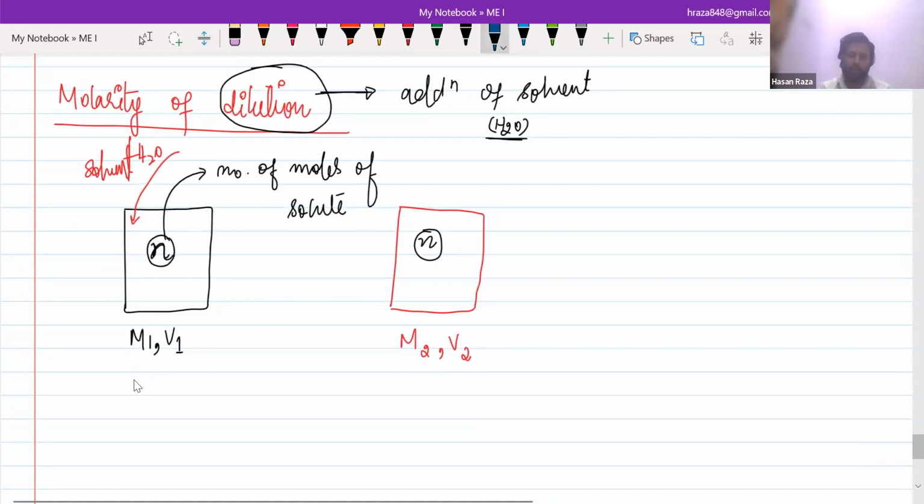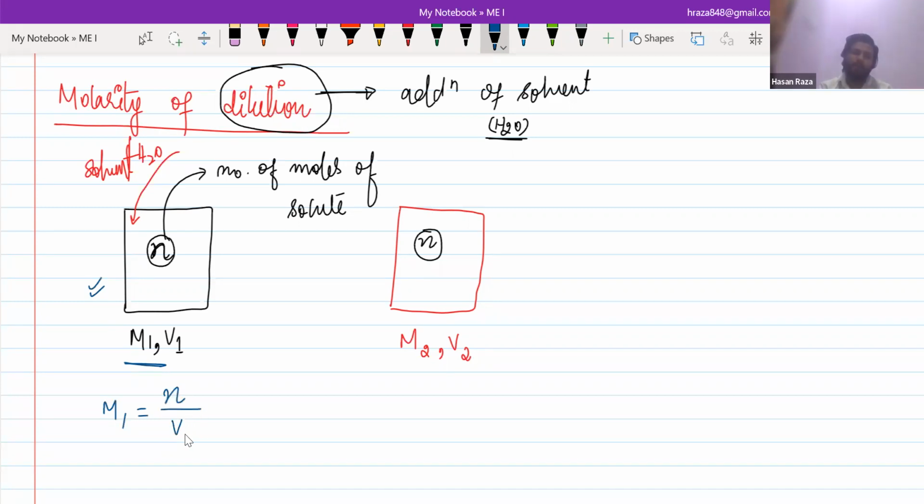Now I'm going to derive this formula. For this container, molarity M1 is the number of moles of solute upon volume of solution in liters, so n is equal to M1 V1. Here molarity M2 is the number of moles of solute upon volume of solution, so n is equal to M2 V2.